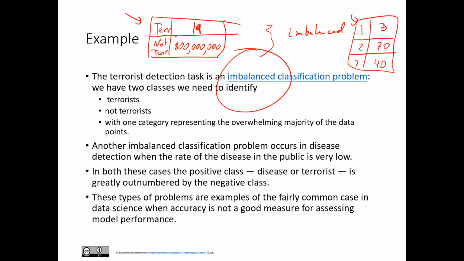So the terrorist detection task is an imbalanced classification problem. We have 2 classes we need to identify, terrorist and not terrorist, with one category representing the overwhelming majority of the data points. So intuitively, you need a model that looks at precision and recall and all those values on a per class basis, but you also want a metric that's overall.